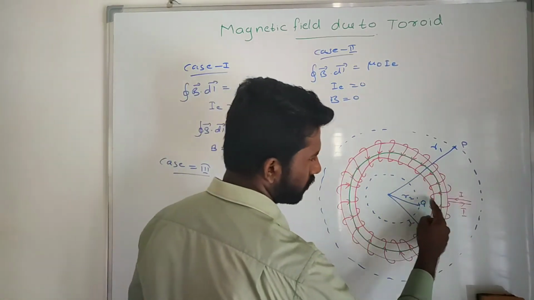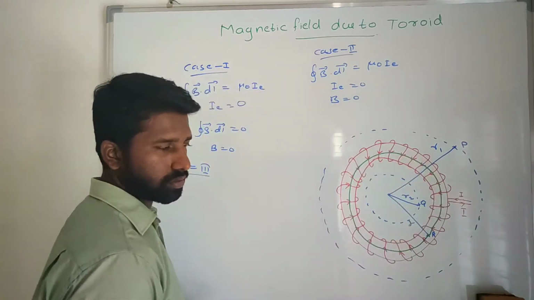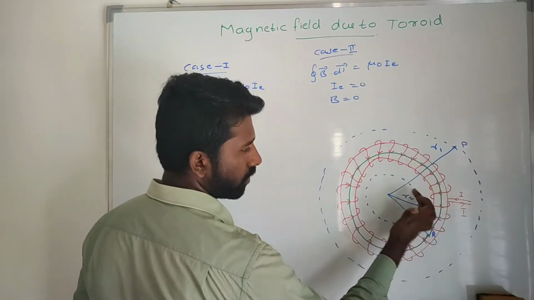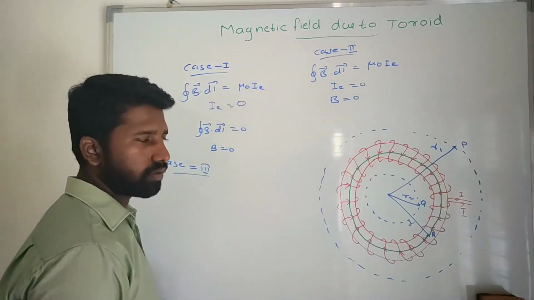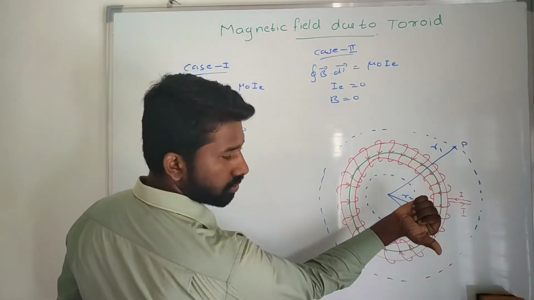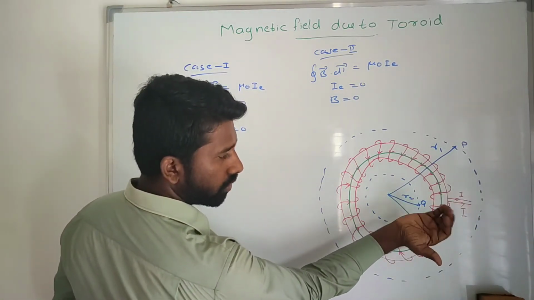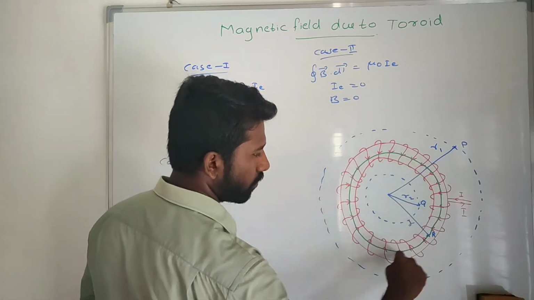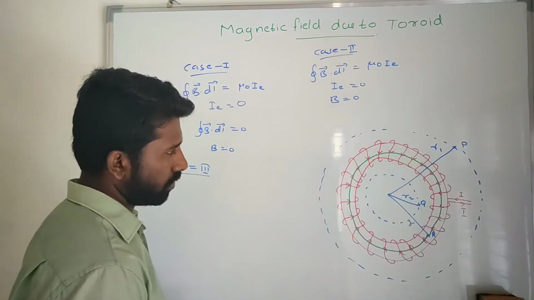What about the magnetic field produced due to these circular turns? A toroid means a large number of turns like these circular turns. Here the current is flowing in this direction. So I can find the magnetic field like this. If I curl like this, the magnetic field is like this.